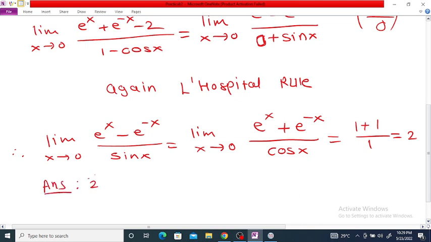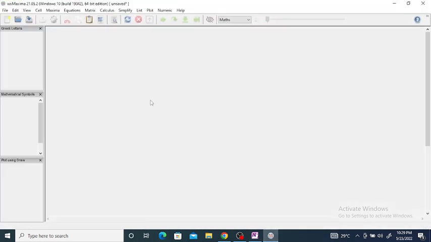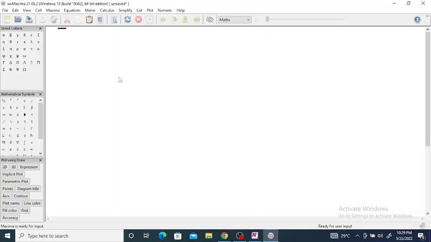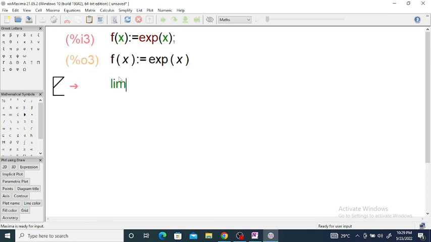You can use Maxima also to find the limit of the given function. How to find a limit in Maxima? Suppose our f of x is equal to exp of x, and we want to determine the limit of f of x in the variable x at the point 0, which is equal to 1.